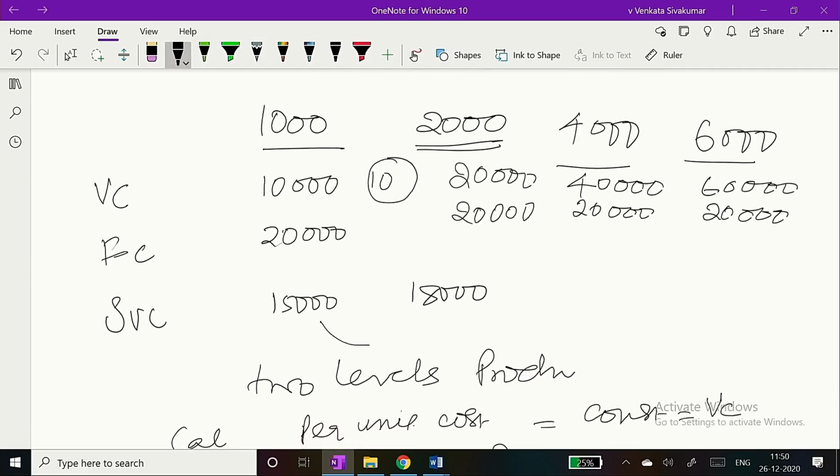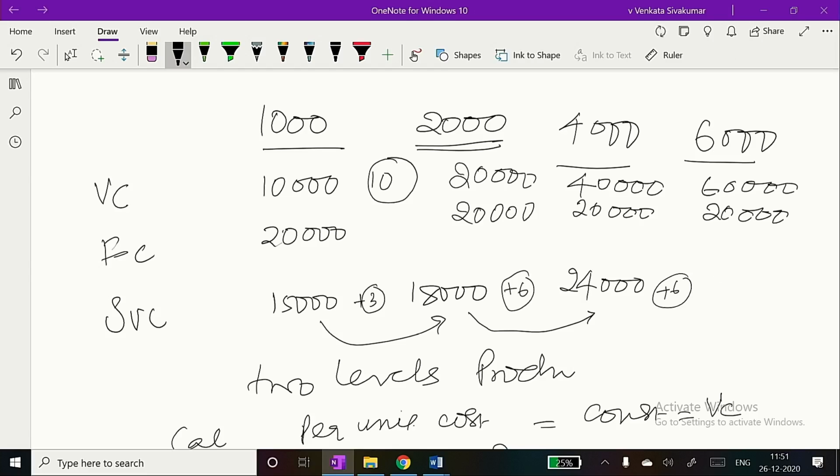Semi-variable cost, for every 1,000 units, 3,000 rupees will change from the previous level. So for 1,000, 3,000 means 2,000, 6,000. So this is 24,000, 18 plus 6. This is 18 plus 3. And this is 2,000, another 6.